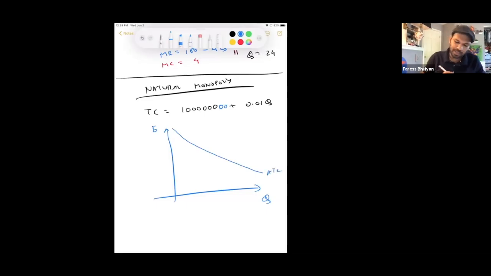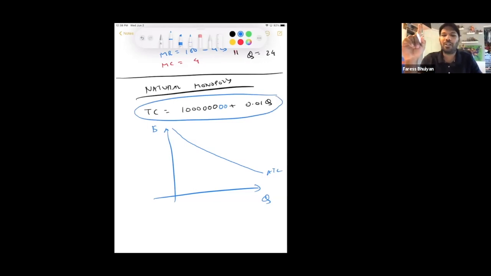So notice in this particular example, if you were to make just one phone call, the cost of that call would be $100 million and 1 cent. But the very moment you try to make 2 phone calls, the cost is halved, because that $100 million and 0.02 cent is now divided by 2.